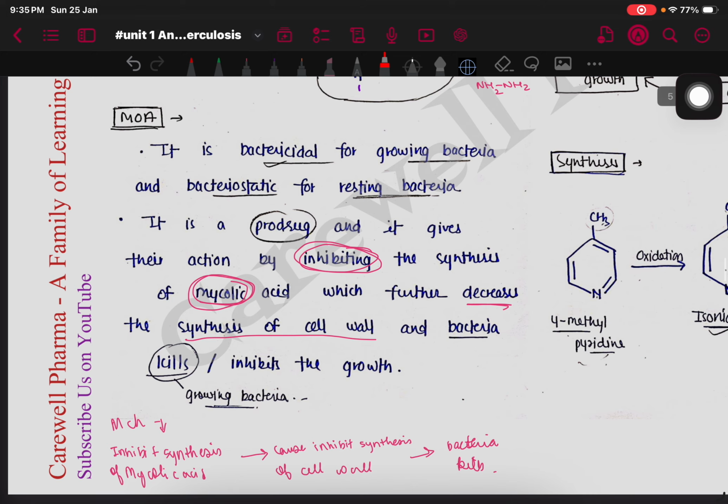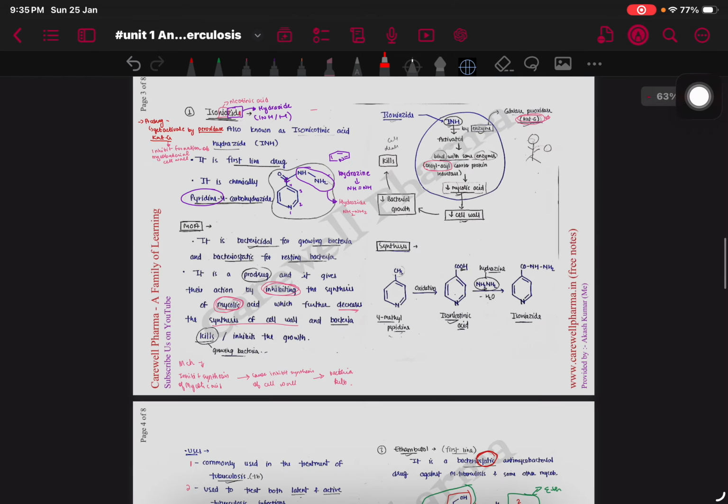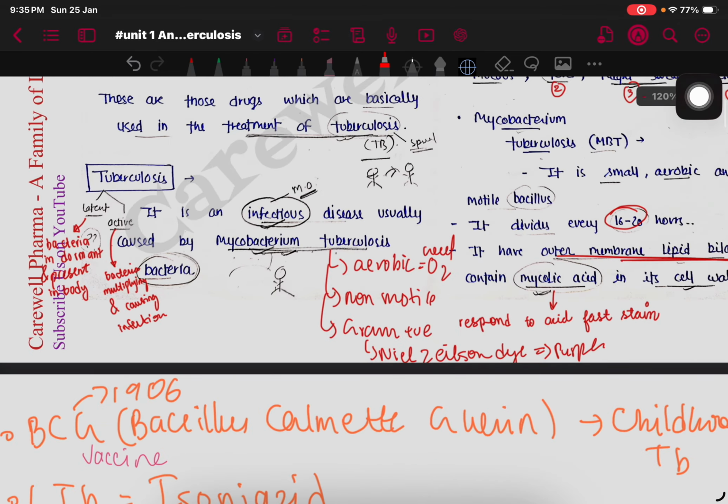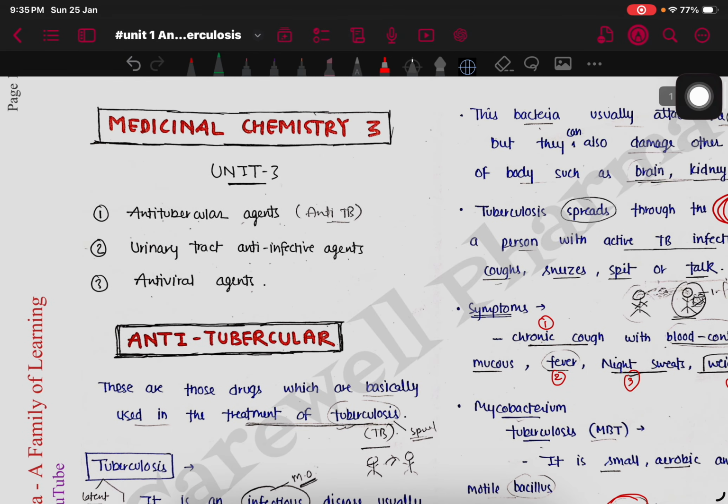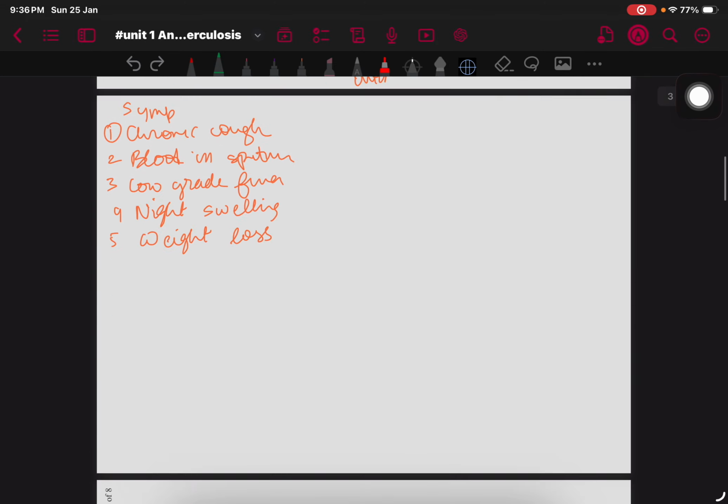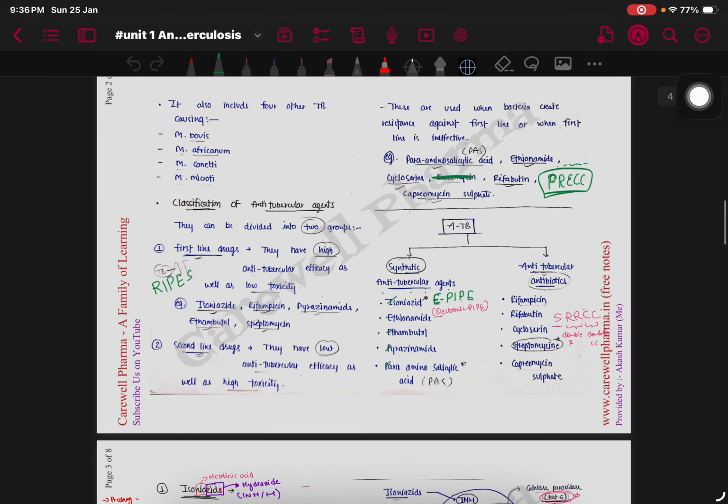It is a prodrug and mainly inhibits mycolic acid. The main thing is that mycobacterium has mycolic acid, which is the main thing we are going to inhibit.